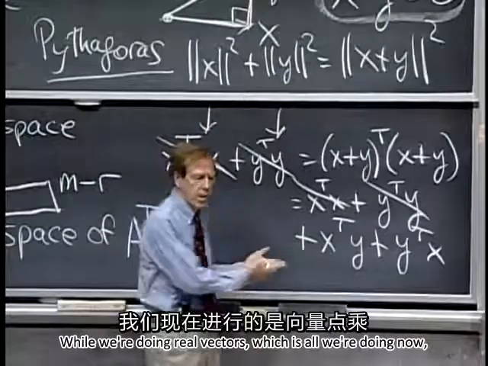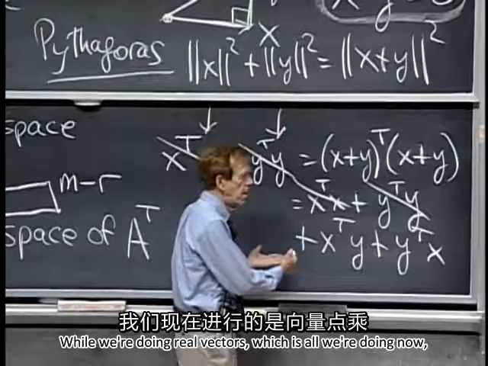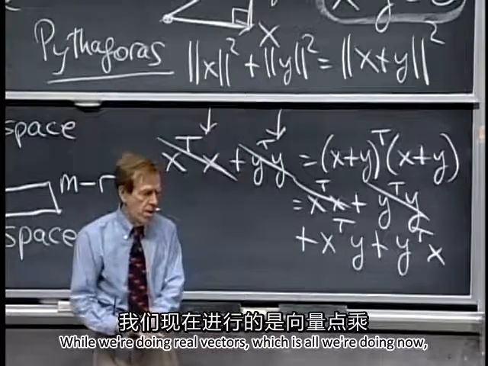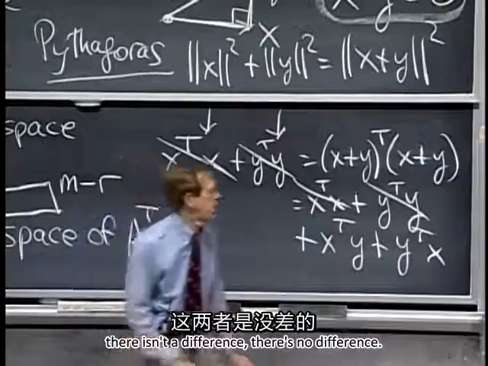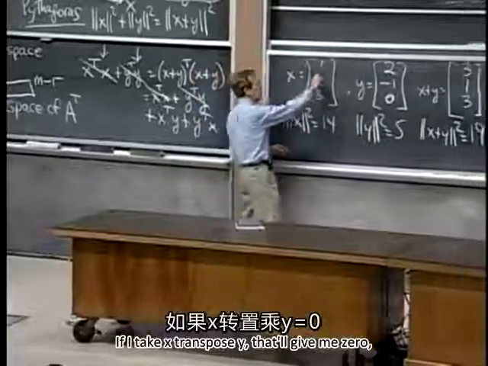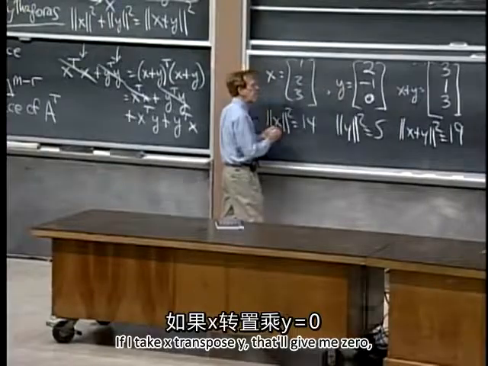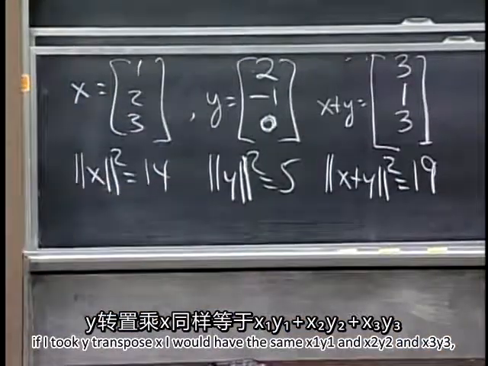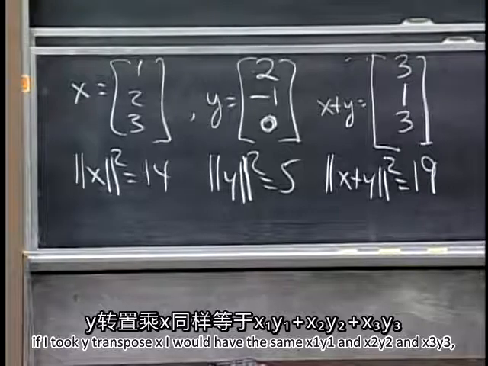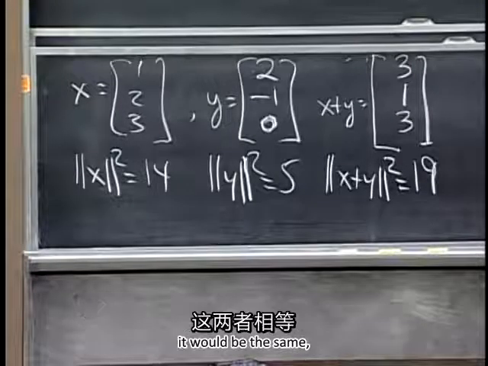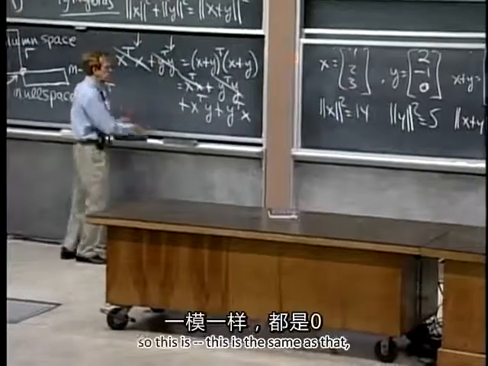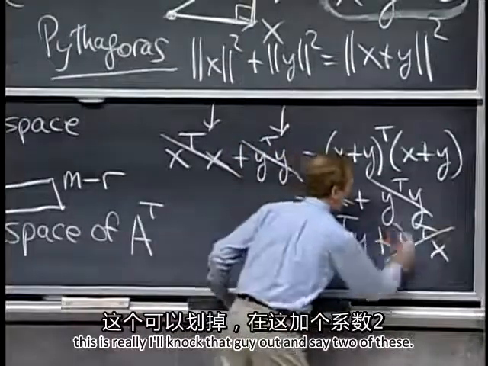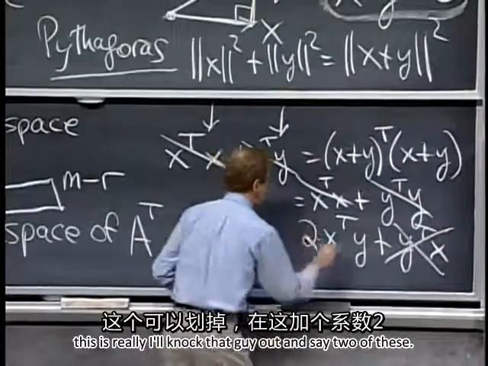I think while we're doing real vectors, which is all we're doing now, there isn't a difference. If I take x transpose y, that'll give me 0. If I took y transpose x, I would have the same x1, y1, and x2, y2, and x3, y3. It would be the same. So this is the same as that. I'll knock that guy out and say 2 of these.